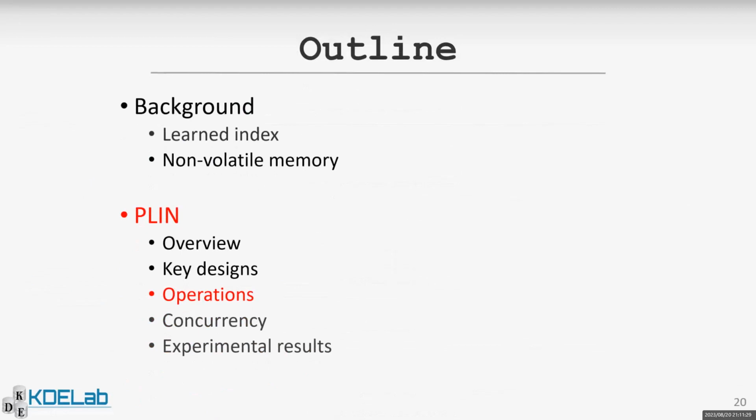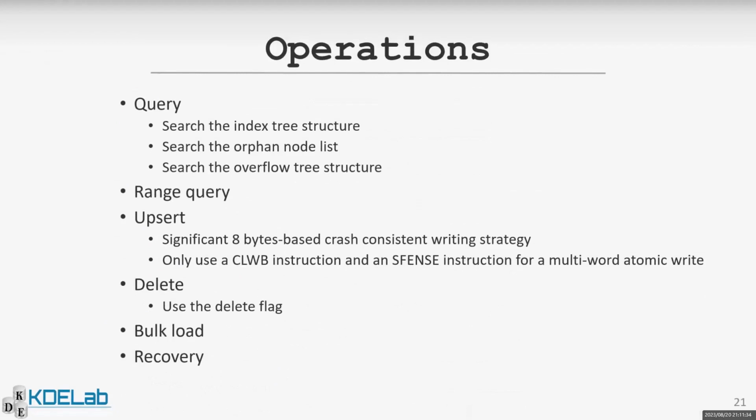Next, the operation implementation of peeling is introduced. Peeling supports point query, range query, upsert, delete, bulk load, and crash recovery interfaces. The upsert operation adopts the query consistent write strategy based on the most significant 8 bytes, and only one CLWB instruction and one fence instruction need to be used to complete the multi-word atomic write.